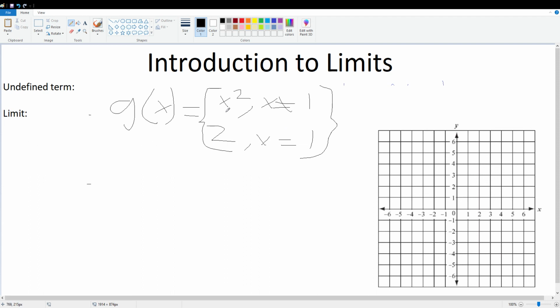So this would just essentially be a normal parabola. Specifically though, 1 is not along this parabola. When you plug in 1, it's going to get 2. So when you plug in 1, you're getting 2 instead of just what you get when you plug in 1 into the parabola.